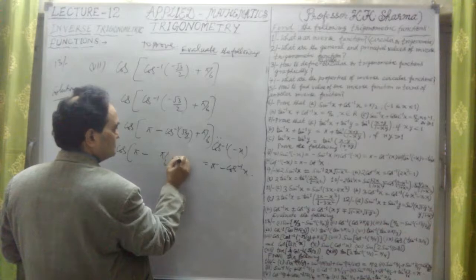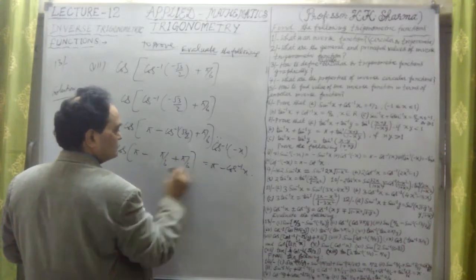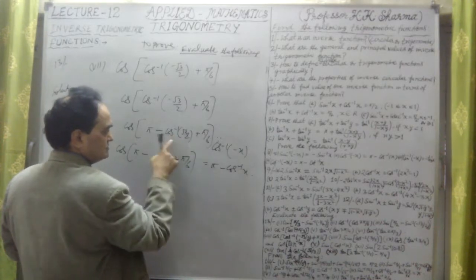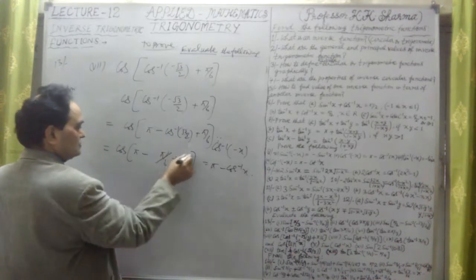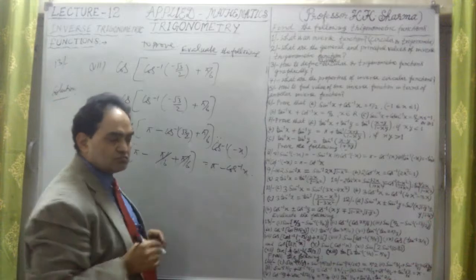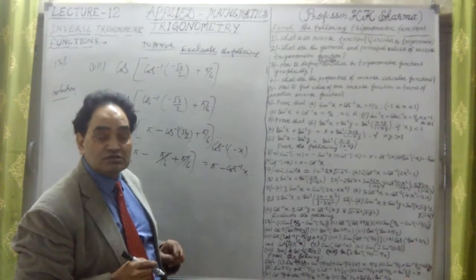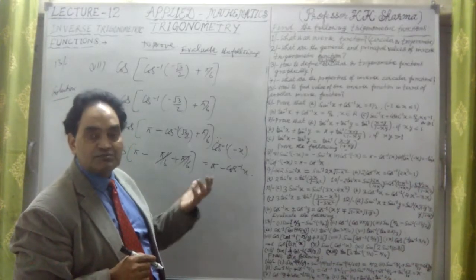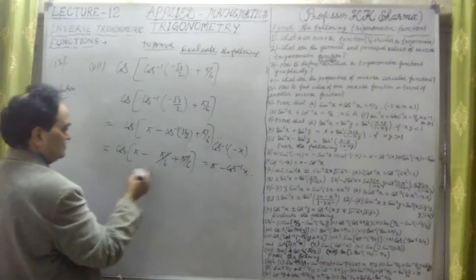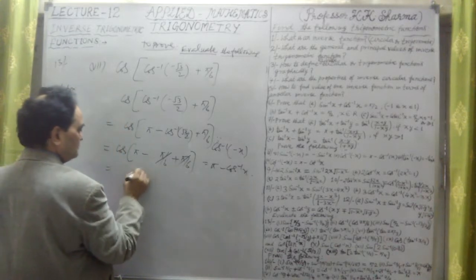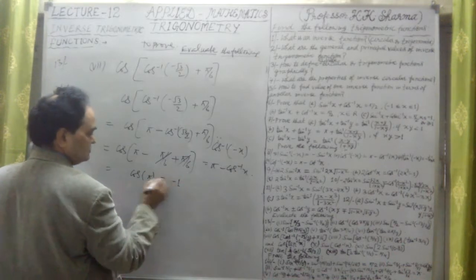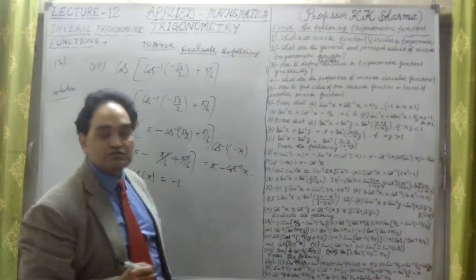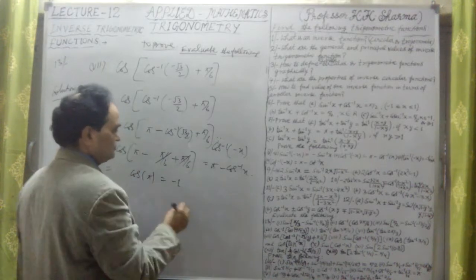It is minus pi by 6 plus pi by 6, and these two cancel out. Root 3 by 2 is for cos 30 degrees, which means pi by 6, and pi by 6 cancels out. This is cos pi only. What is the value of cos pi? It is minus 1. The answer is minus 1.